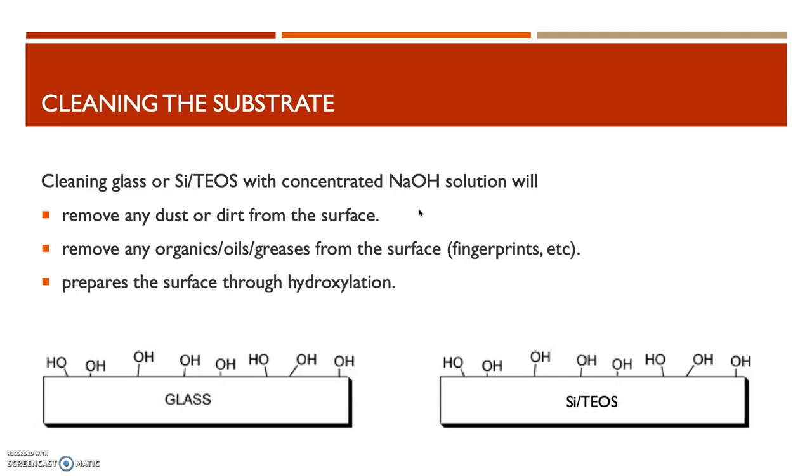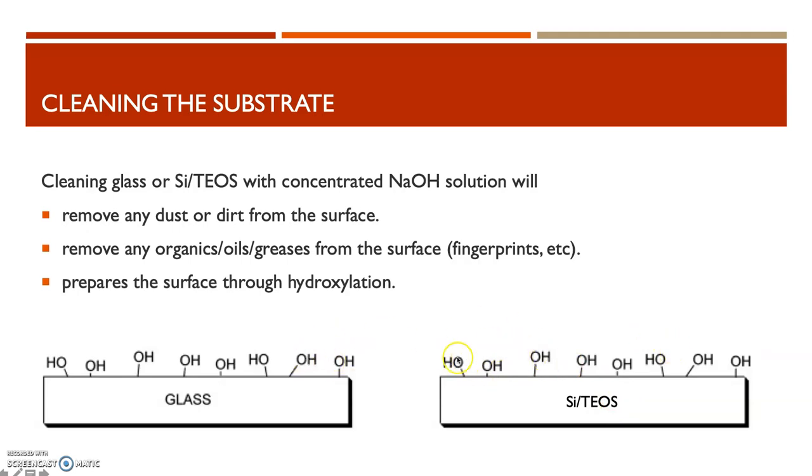It also has the effect of preparing the surface through hydroxylation, so that all of the termination points on the top of the glass, any silicon is now attached to a hydroxyl group. Same thing goes for the TEOS, and all of the ethyls get removed, and you end up with just hydroxyls on the top.